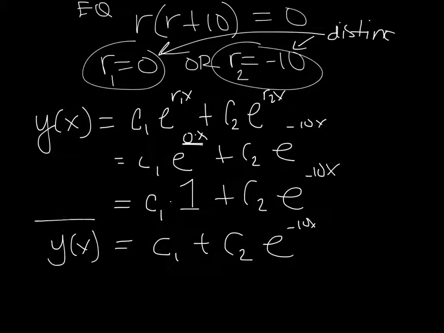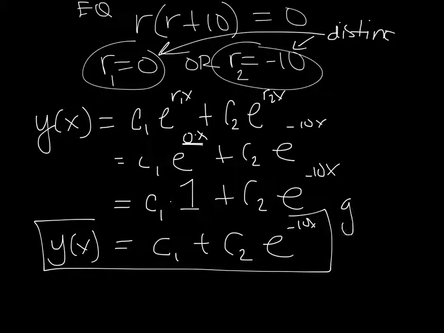So this is our general solution to this homogeneous linear equation. Later on, we'll call this y complement. But for now, it's a general solution to the homogeneous differential equation, because we can have non-homogeneous, which we'll do later. And so this was example 3.